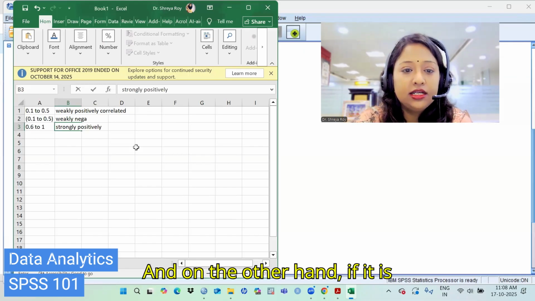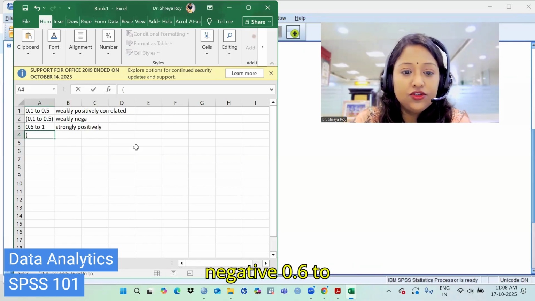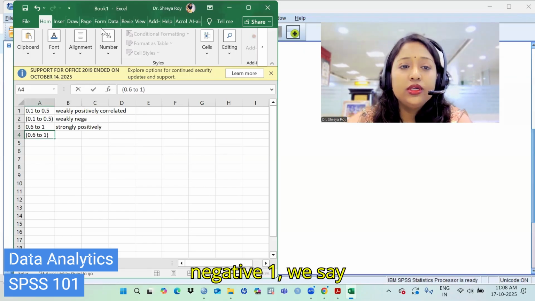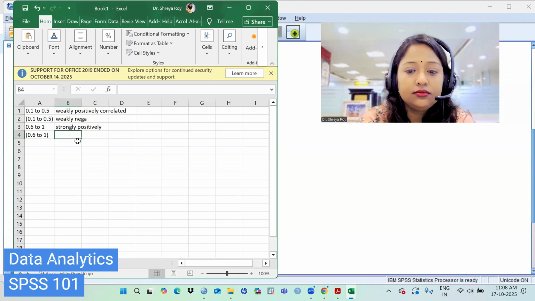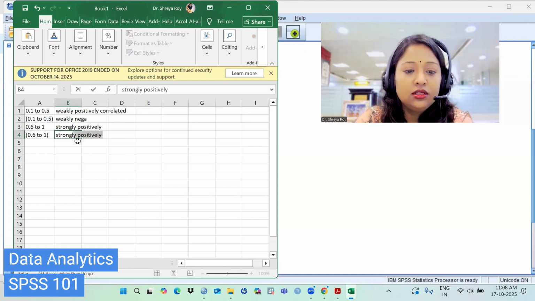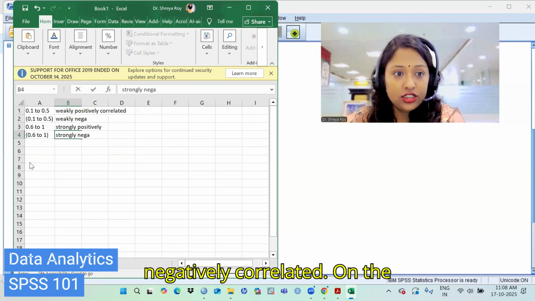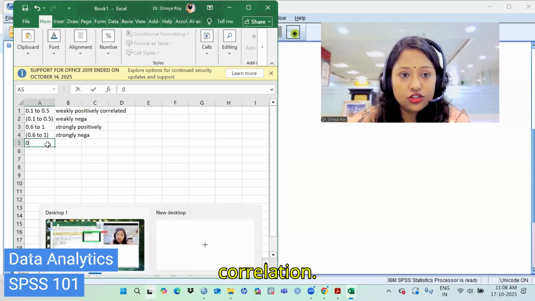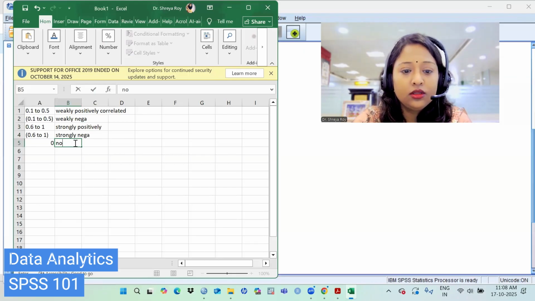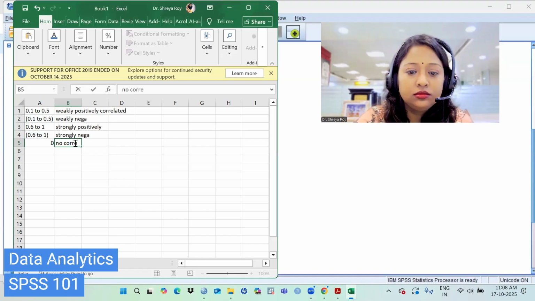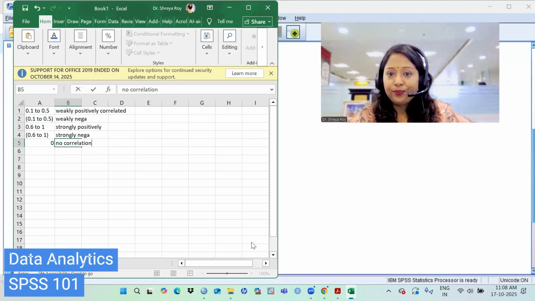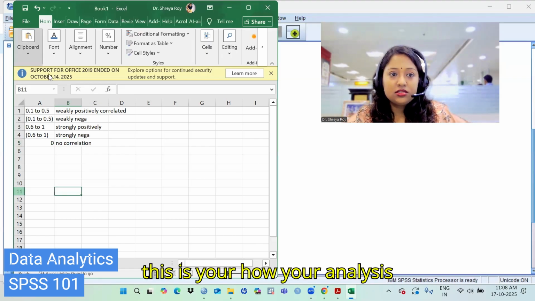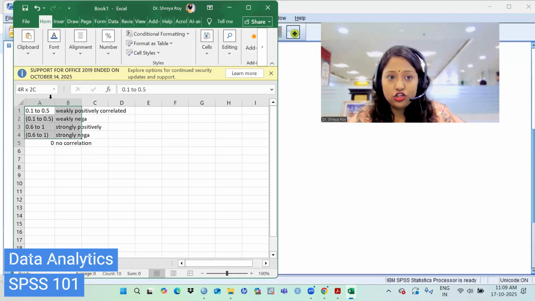And if it is negative 0.6 to negative 1, we say strongly negatively correlated. If it is 0, we say no correlation. This is how your analysis should go.